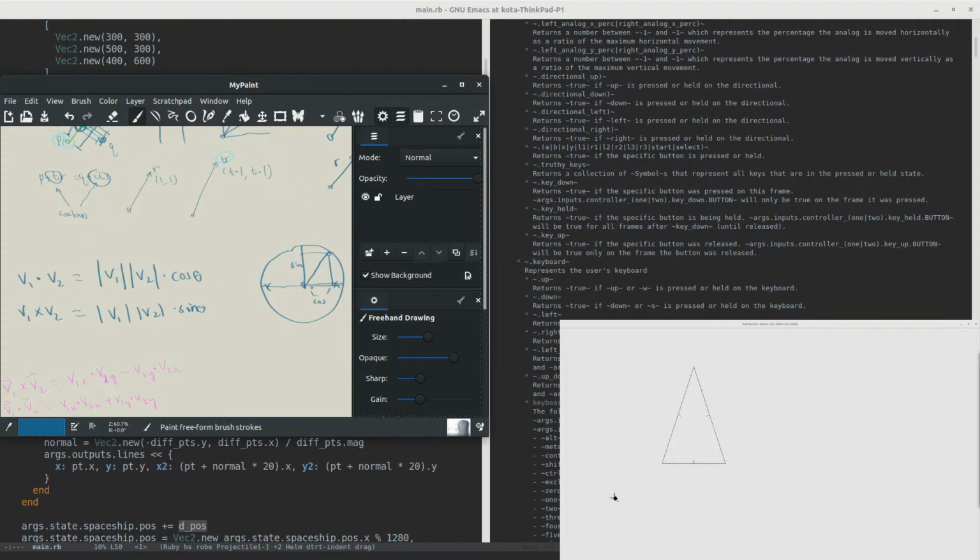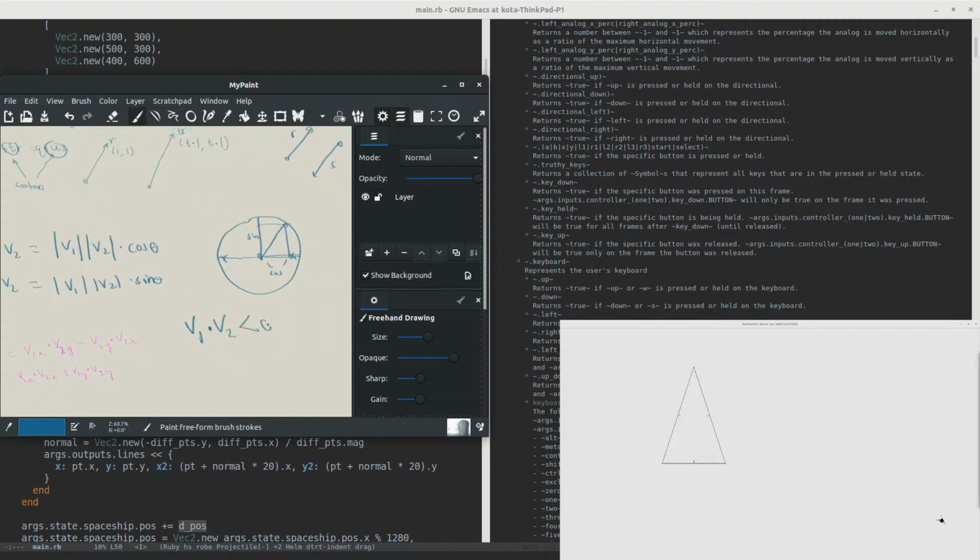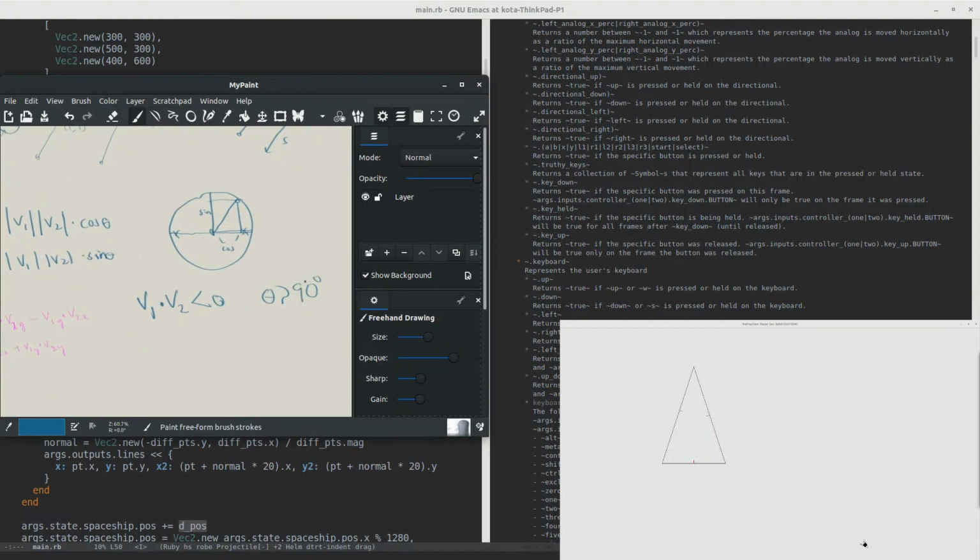So what that means is if v1 dot v2 is less than 0, then the angle is greater than 90 degrees, and if v1 dot v2 is greater than 0, then we can say it's a small angle.